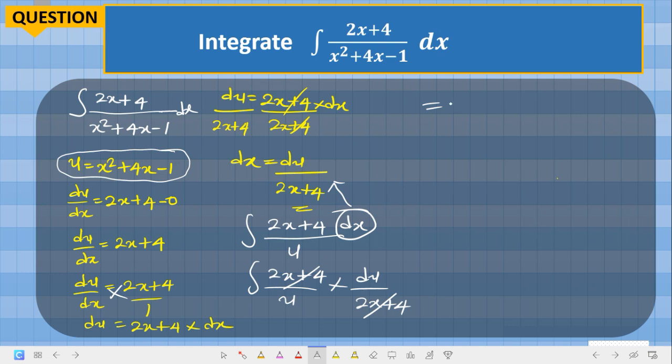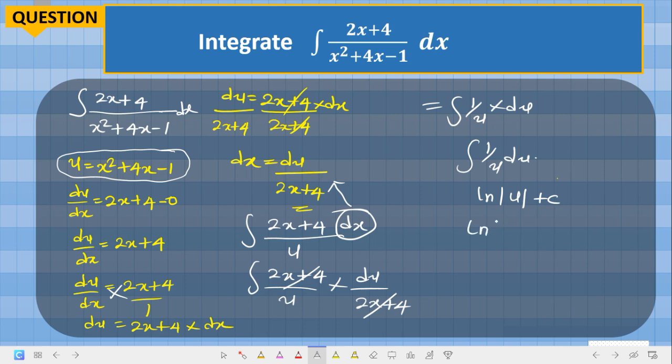So what are we left with? You are left with the integral of 1 over u du. So at the end of the day, when you integrate 1 over u, it will give us the natural logarithm of the absolute value of u plus c.